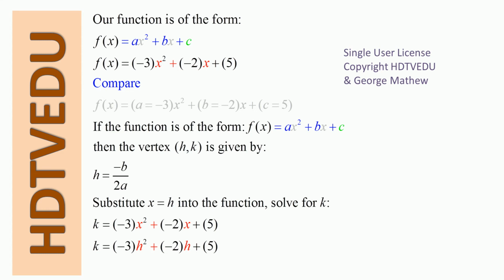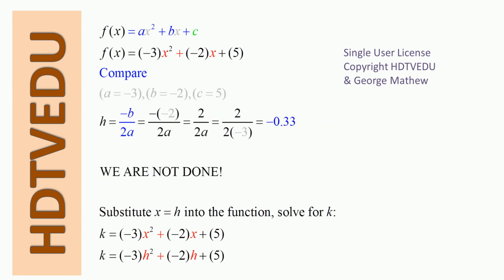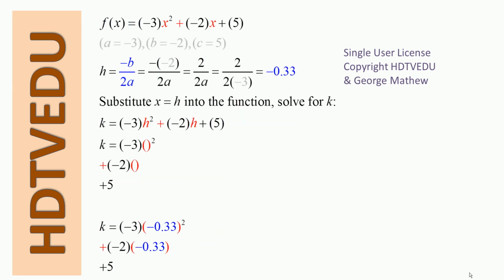So h equals negative b over 2a. We already know what a is. A is negative 3, b is negative 2, and c is 5. So substitute for b and a, and we get negative 0.33. We are not done. What do we do next? We substitute x equals h and get k. So h equals negative 0.33.